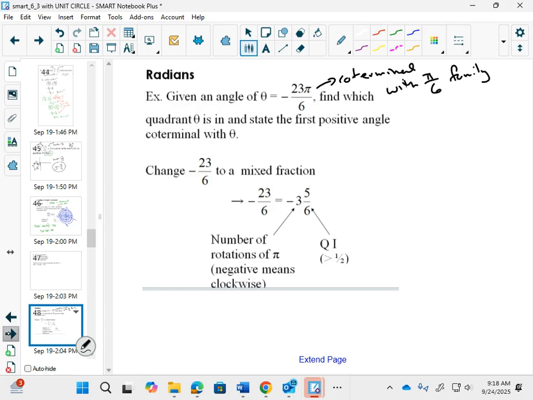Now again, if you had a calculator, you could divide this by 2 pi. So I'm going to just double check what that is.